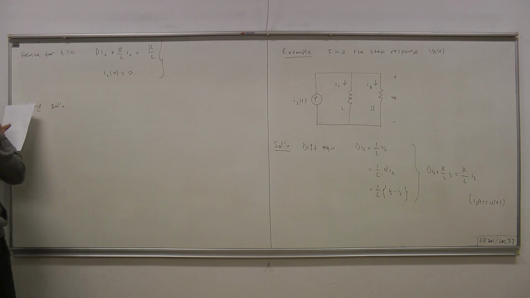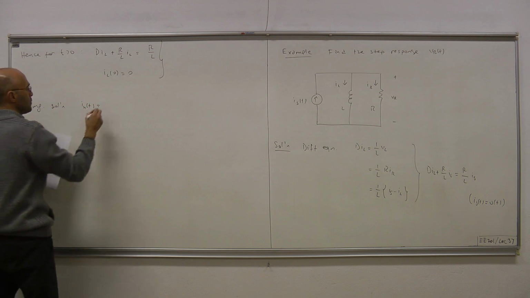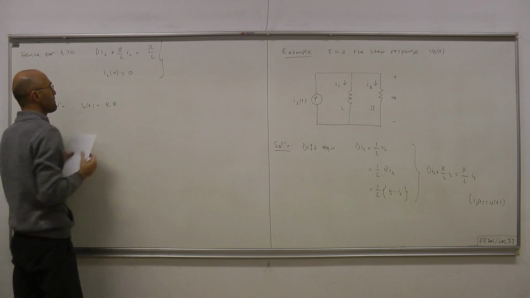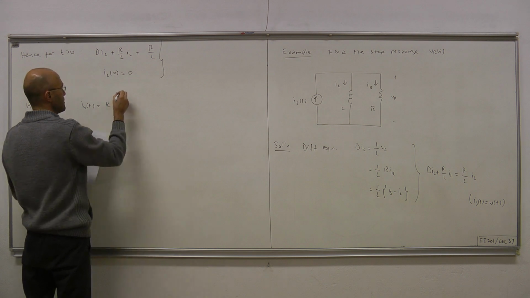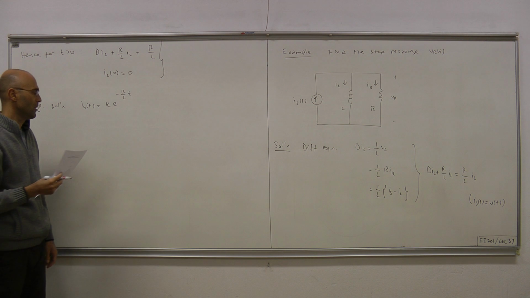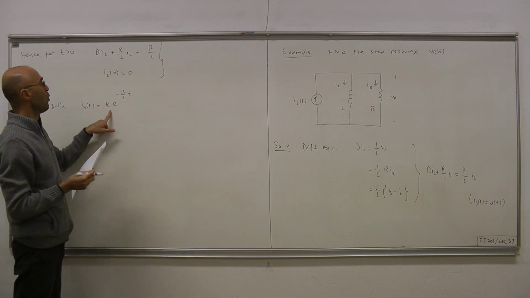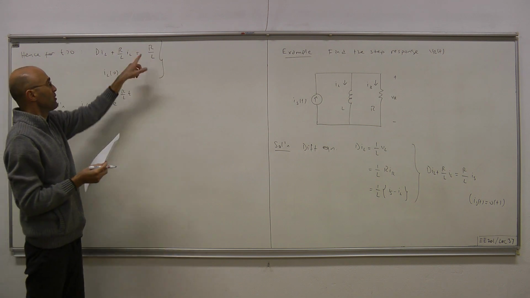So, homogeneous solution: ILH(t) equals some constant K e to the natural frequency times t, and the natural frequency in this case is minus R over L. So that's the homogeneous solution, and this for all K solves the homogeneous version of the differential equation.